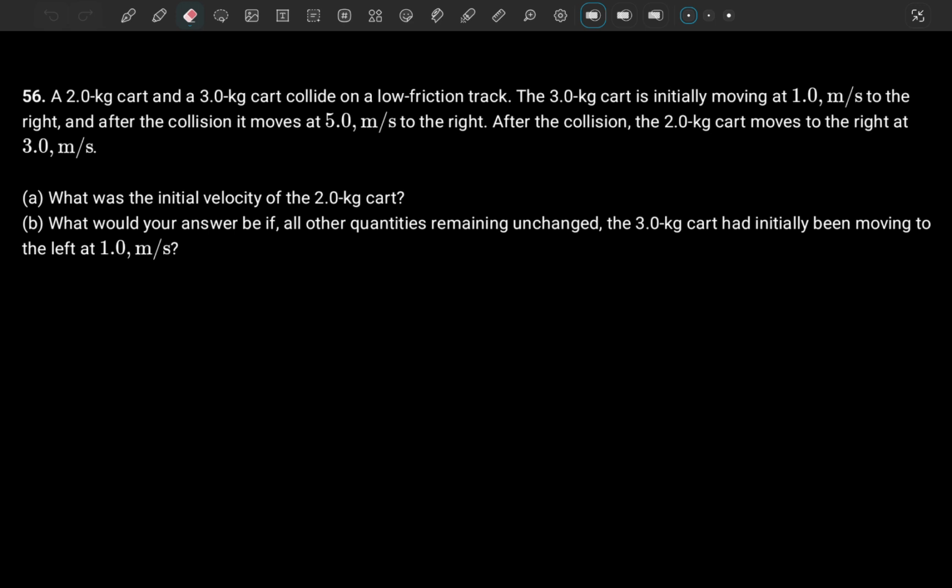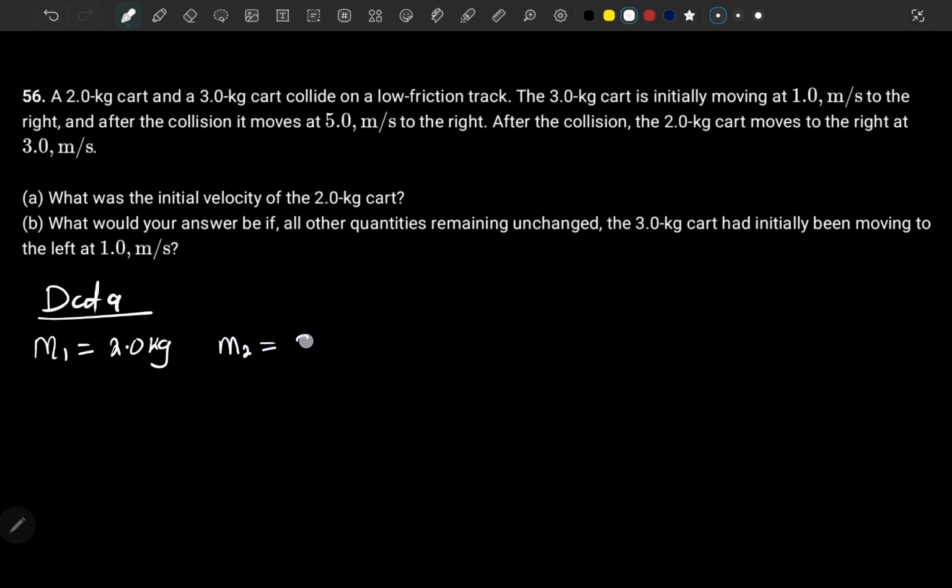So let us first write the data given. Our mass 1 is 2 kilogram, and the mass 2 is 3 kilogram.